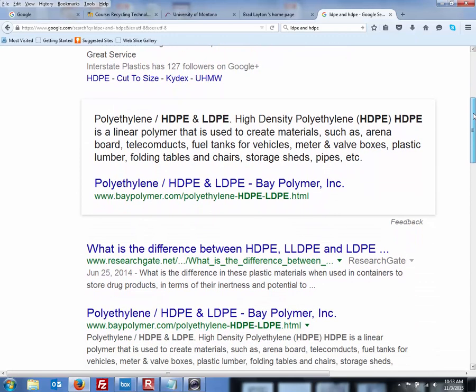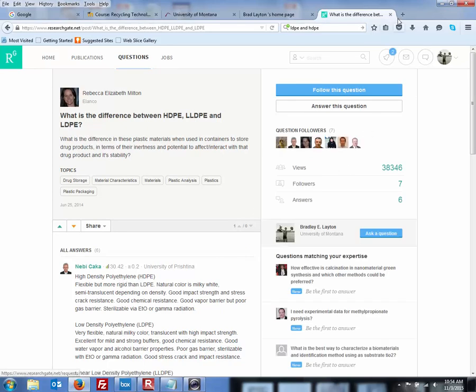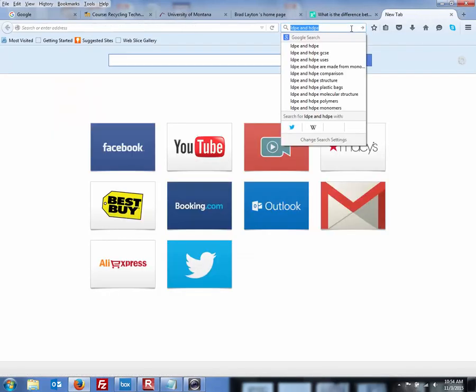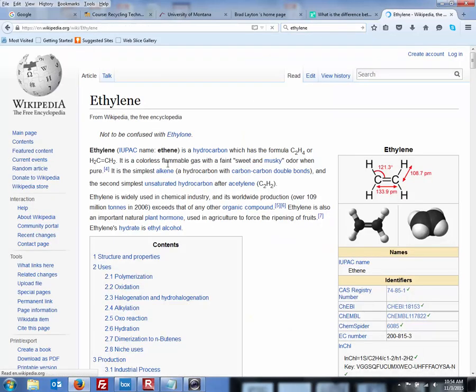And we can take a look at it. But let's look at the chemistry. Again, I'm just going to kick around a little bit here. So high-density polyethylene. Before we go too into that, let's just look up ethylene. And ethylene really could not be a simpler molecule. It's just sort of one level more complex than methane.